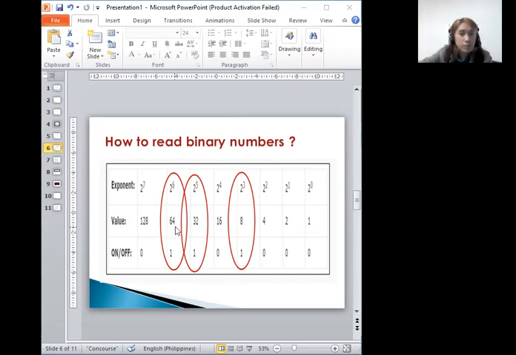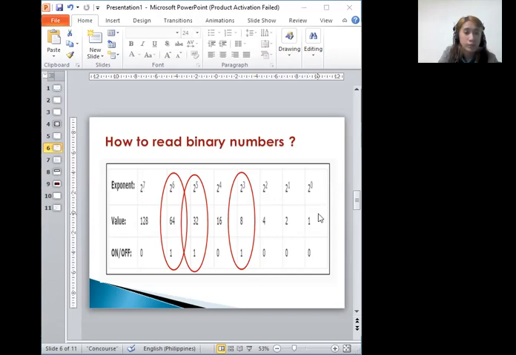Each column represents the number 2 raised to an exponent, with that exponent's value increasing by 1 as you move through each of the 8 positions. So we have here the exponents 2 raised to the power of 0 to 2 raised to the power of 7. So bakit 2? Since ang binary system nga natin ay base 2 system. Okay pa? Yung value, paano siya nakuha?